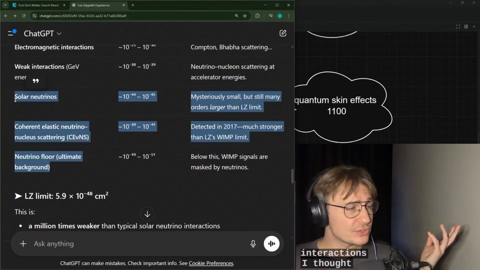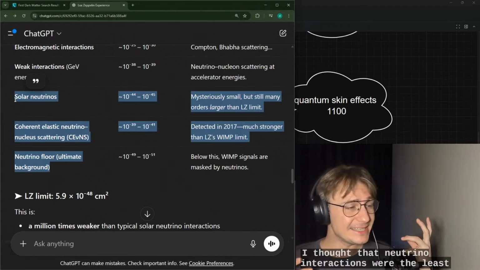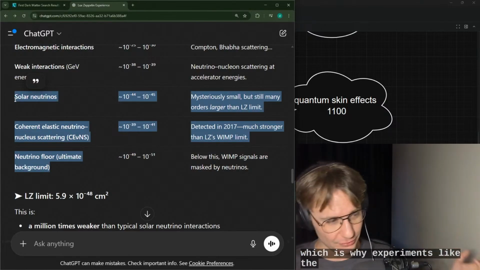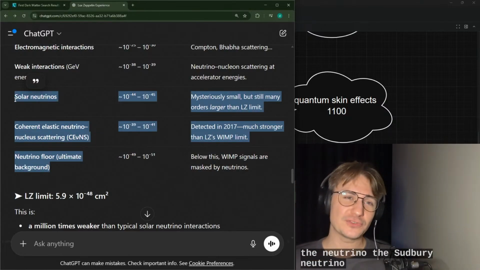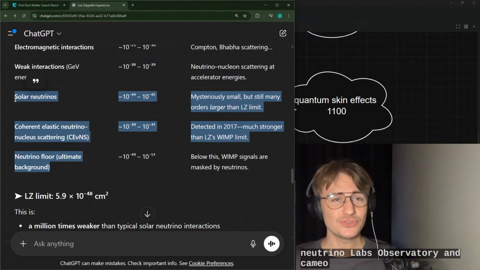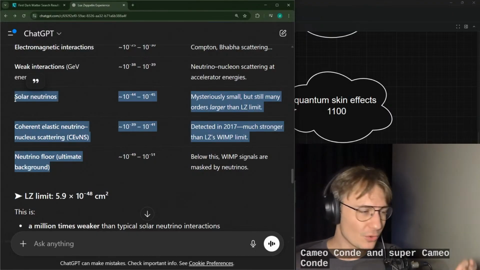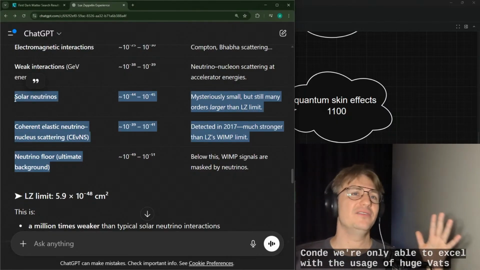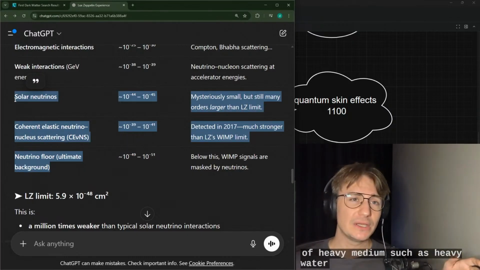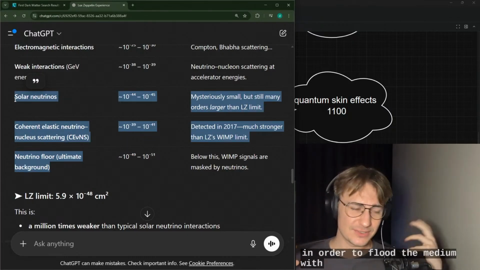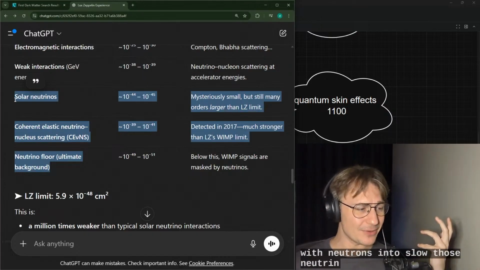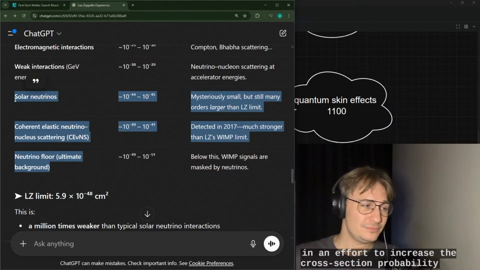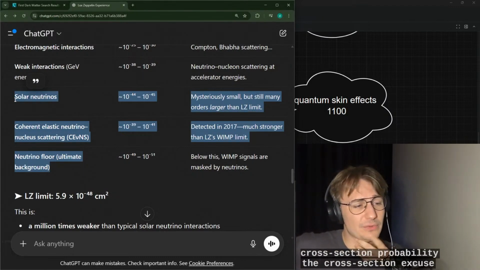I thought that neutrino interactions were the least likely interactions we had, which is why experiments like the Sudbury Neutrino Observatory and Kamiokande and Super-Kamiokande were only able to excel with the usage of huge vats of heavy mediums, such as heavy water, in order to flood the medium with neutrons and to slow those neutrinos down in an effort to increase the cross-section probability.